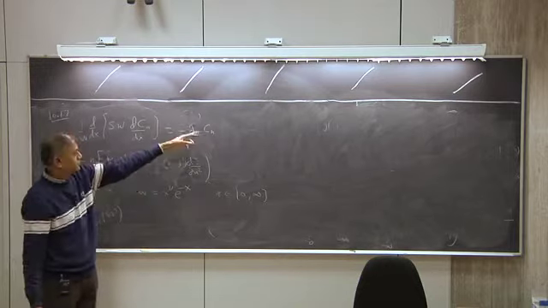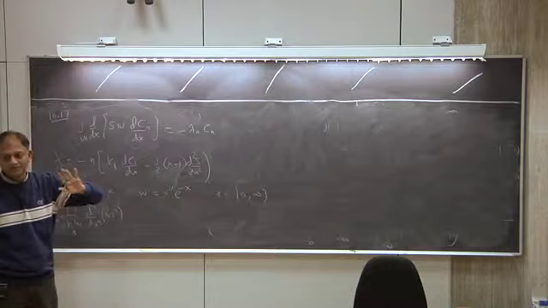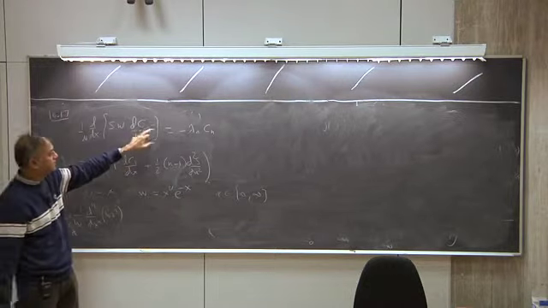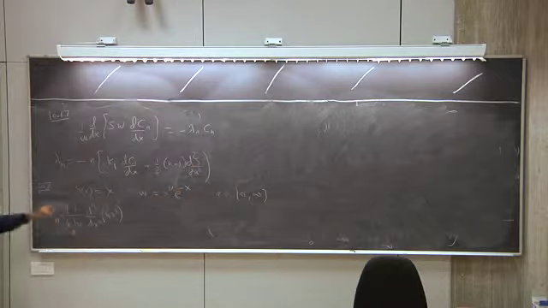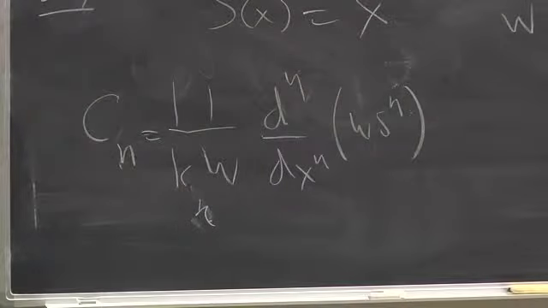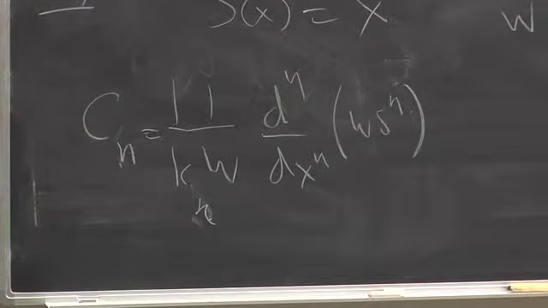It is a linear differential equation in Cn, so I can multiply by any number and that's not going to change this equation. The Kn appears in the recursion relation, but not in the differential equation. If you have done everything correctly, it should not depend on the choice of Kn.